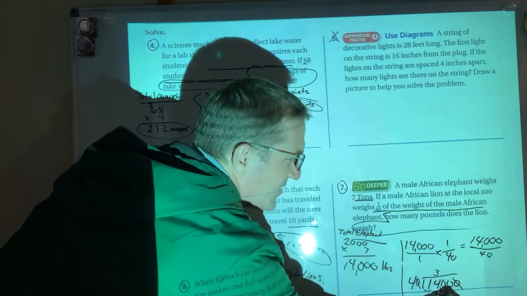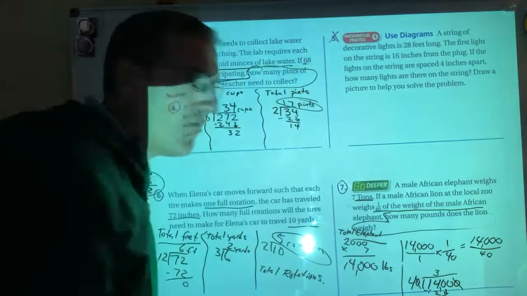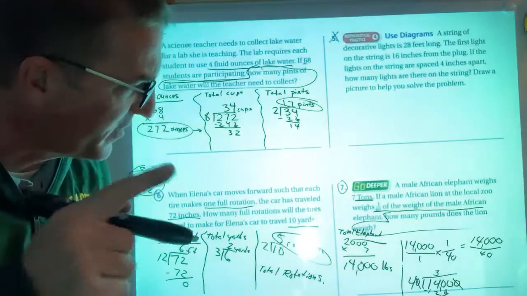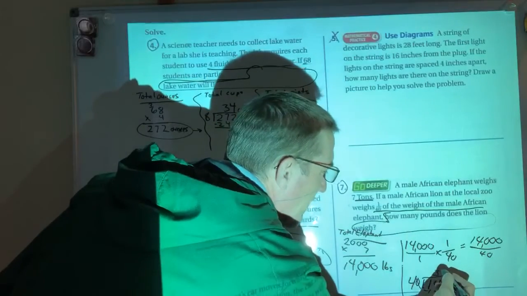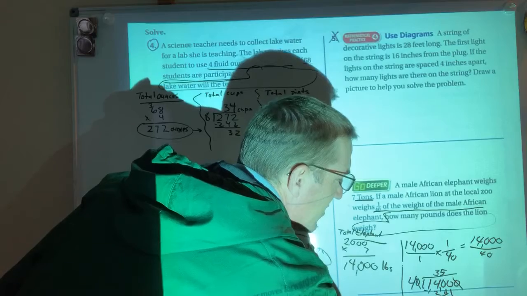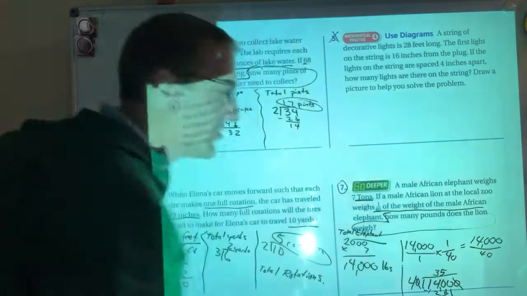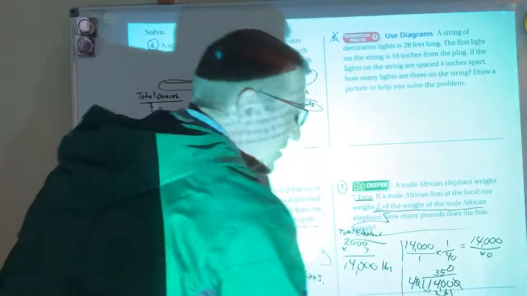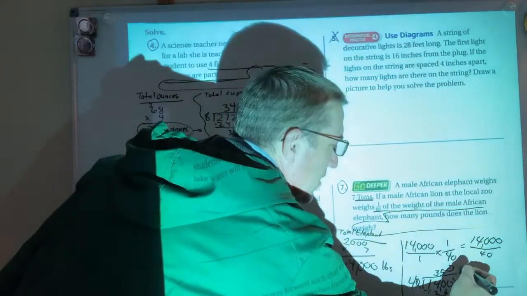I bring down a 0. 4 goes into 20. How many times? 4 times 5 is 20. Got it. Put that 5 there. Minus 20. Right? I bring down that 0. And I have just a 0 left. So what do I put over the top of that? A 0. All right. So 350 pounds.